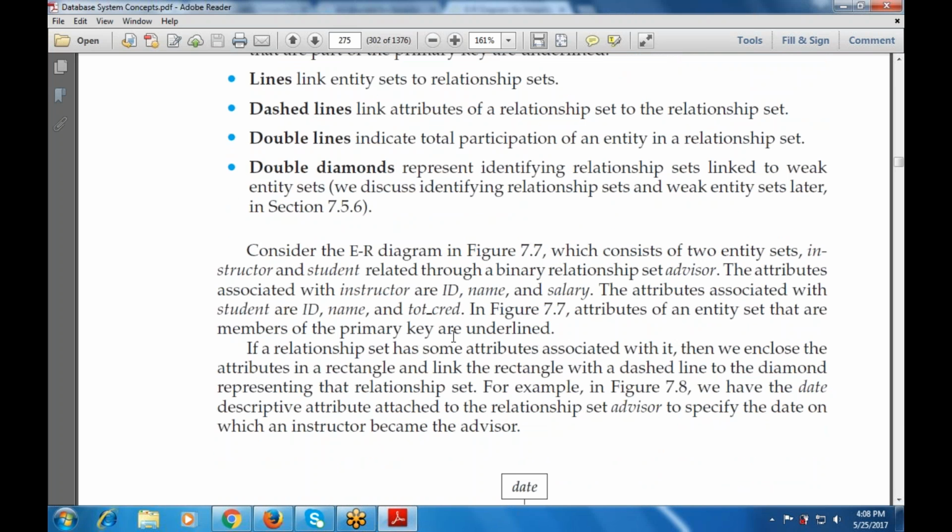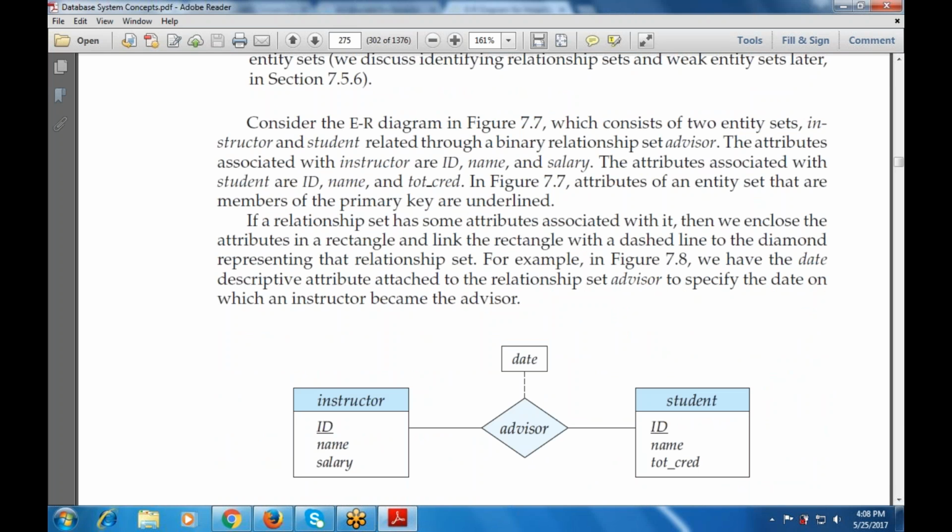If a relationship set has some attribute associated with it, then we enclose the attributes in a rectangle, with a dashed line to the diamond representing that relationship set. Here we have a descriptive attribute, date, attached to the relationship set advisor to specify the date on which an instructor becomes the advisor. The instructor has ID, name, and salary. The student has ID, name, and total credit.